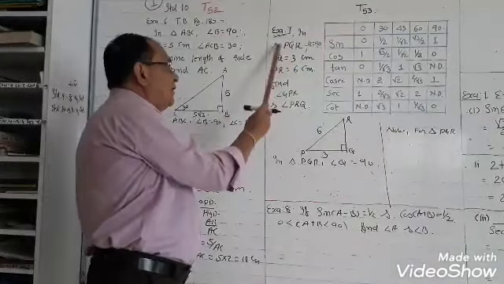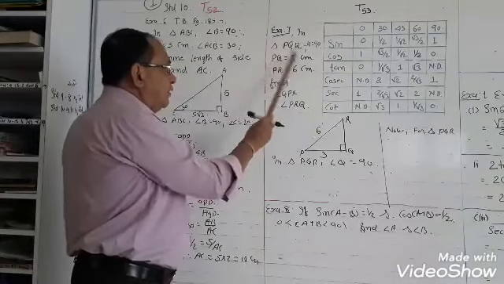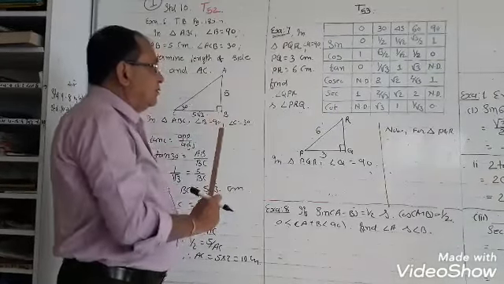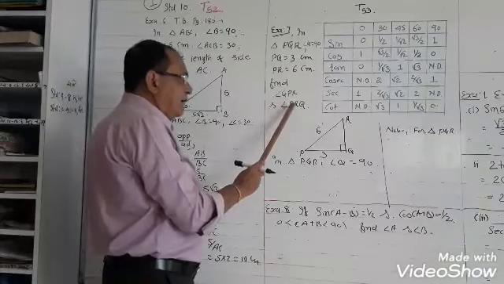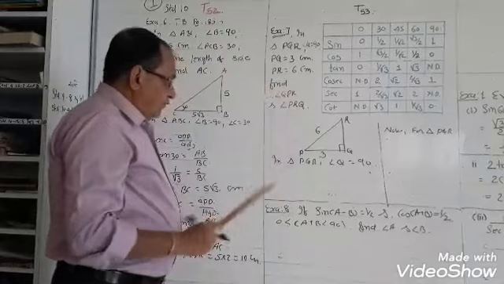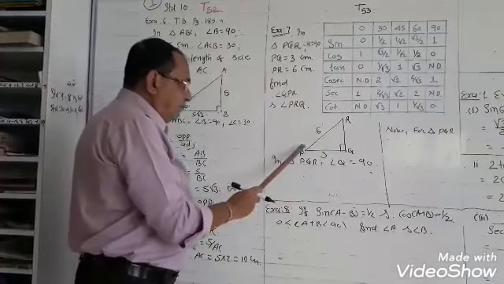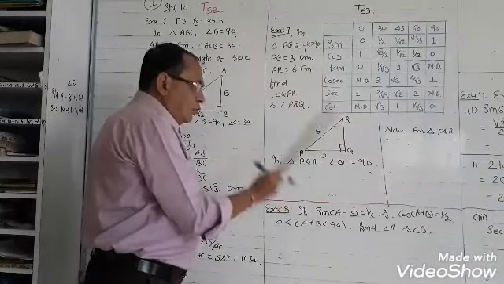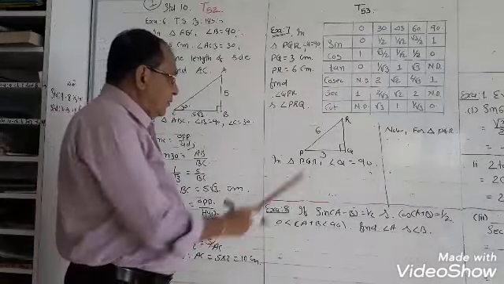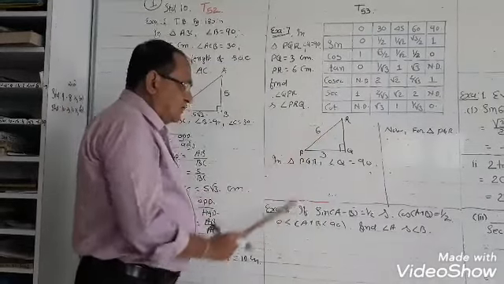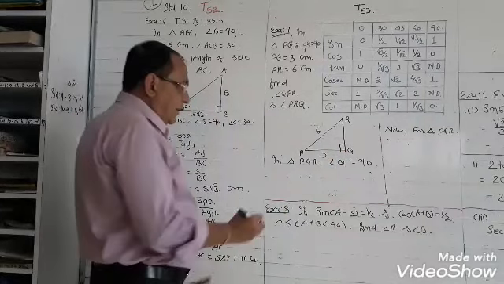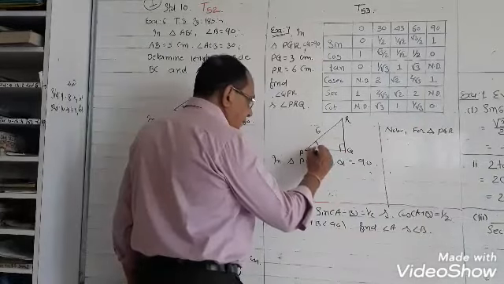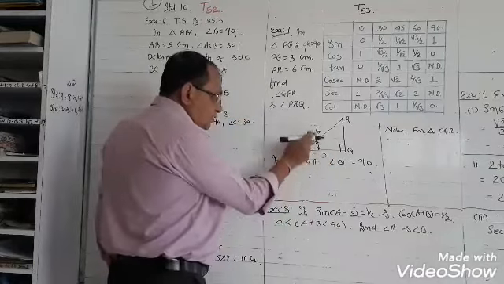In triangle PQR, Q is 90. PQ is 3 centimeters, PR is equal to 6 centimeters. Find the angle QPR and PRQ. First of all, in triangle PQR, Q is 90, PR is equal to 6, PQ is equal to 3. From that I will find angle P. So these two sides are given.